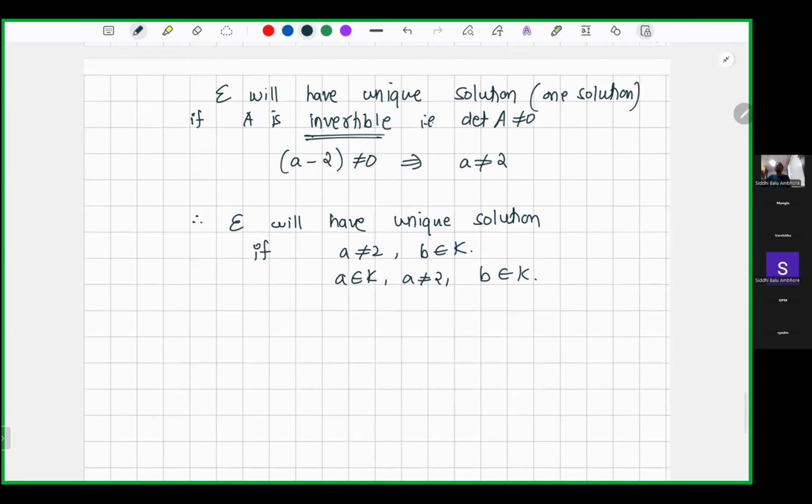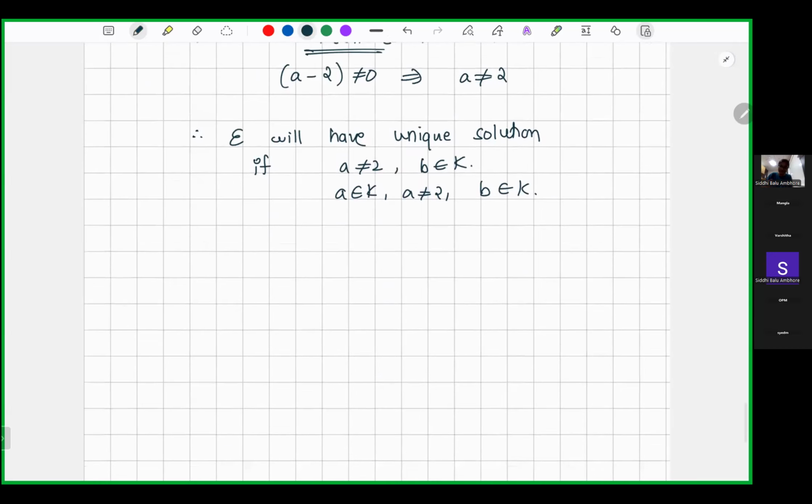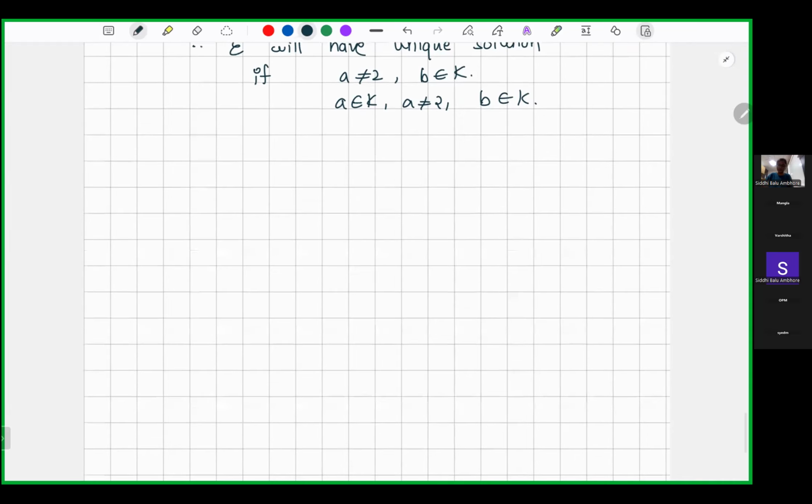So the rest are no solution or infinitely many solutions. The case A not equal to 2 is done. Now in both these cases, A will be equal to 2, and based on that, we have to see what value we should take for B in K such that the system will have either no solution or infinitely many solutions.